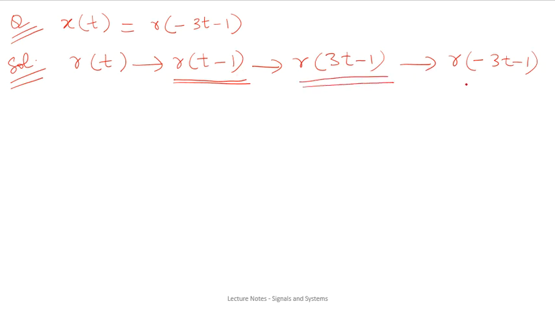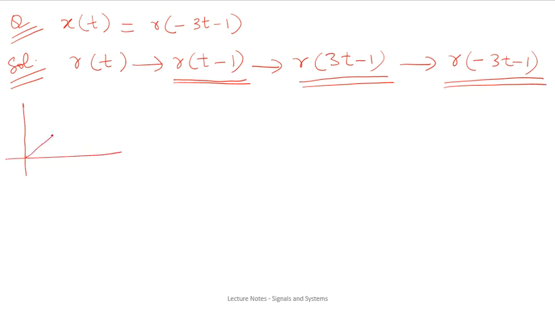Then in the very last step you have to do the time reversal operation on the previously obtained signal to get the final result.